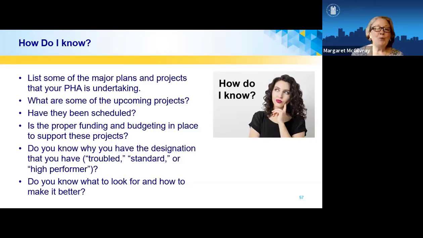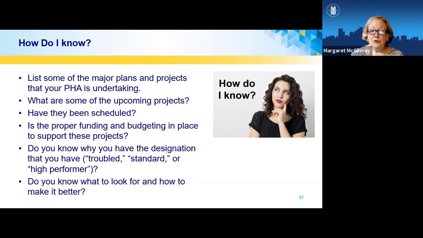So if you can list some of the major plans and projects that your PHA is undertaking, and some of the details in terms of where that budget is coming from, awesome, that's great. If you don't know, then that may be something you need to ask your executive director.